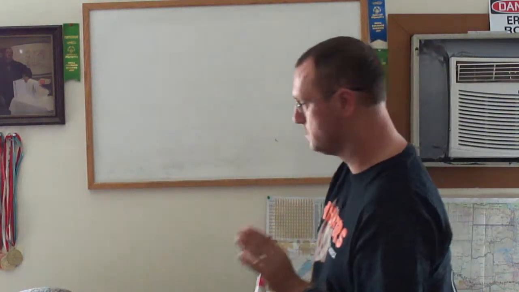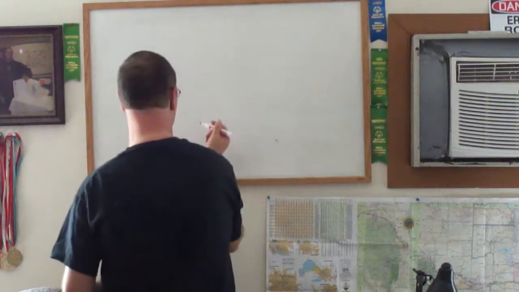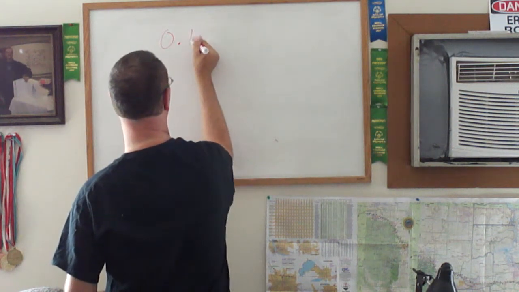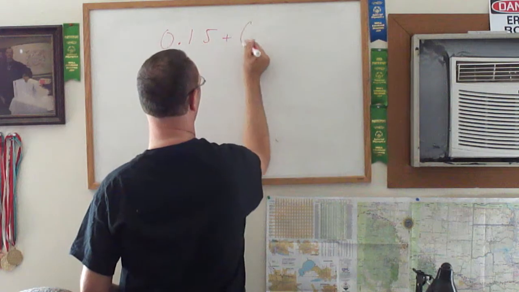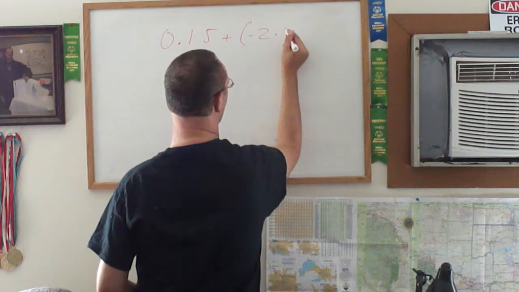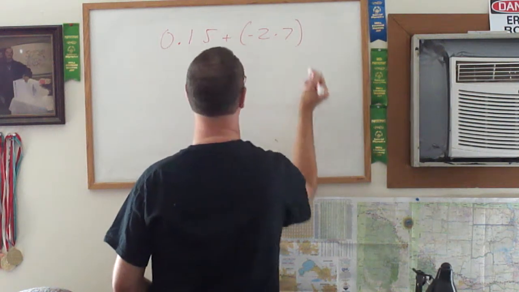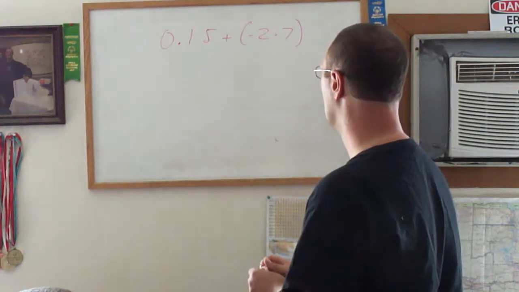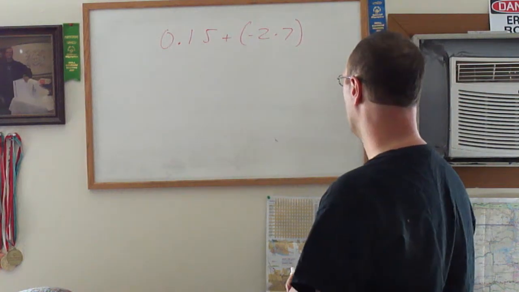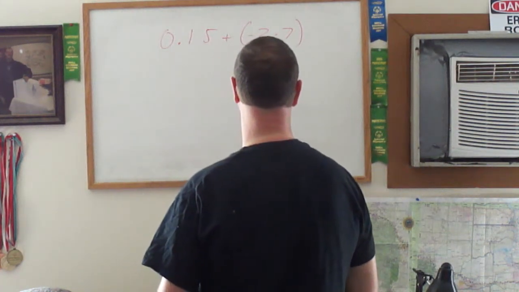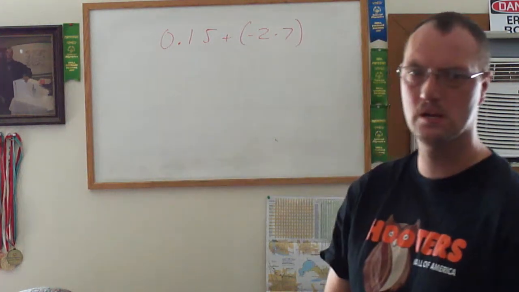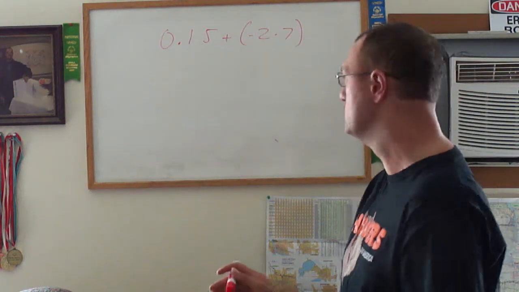Now I'm going to give you one more example. Negative 2 and 7/10 plus 0.1500. Is it going to be negative or positive?